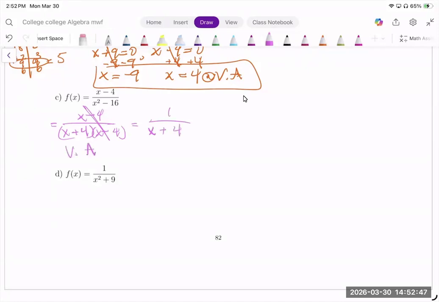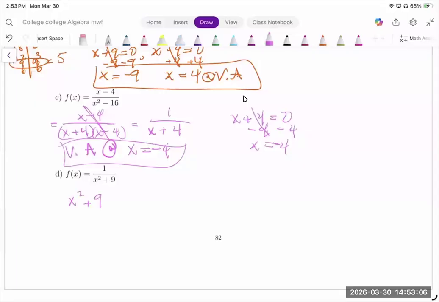So the only vertical asymptote we have is at x equals negative 4, because we take the denominator, set it equal to 0, and solve. And for this last one, if we set it equal to 0 and solve, notice that we get a squared number equal to a negative, and that cannot happen. So here, there are no vertical asymptotes.